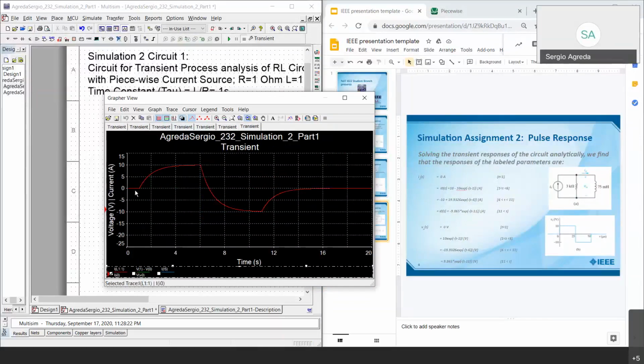Once it reaches the interval of 1 second to 6 seconds, from here to here, it is exponentially increasing, but at a negative value. So it's the exponential to the negative (t minus 1) power.